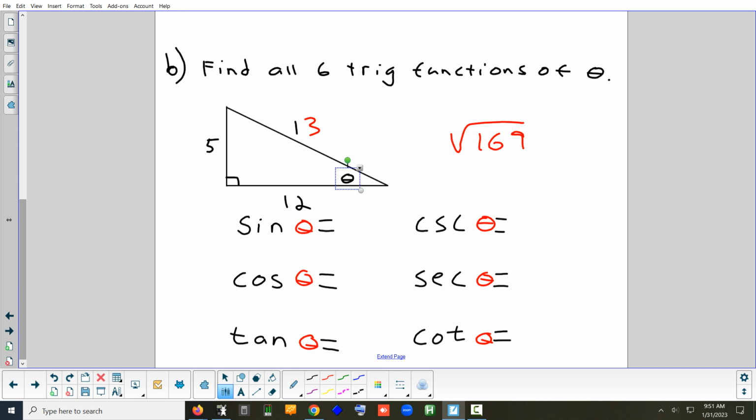Okay. So let's start with my sine. Alexis, what's going to be the sine of theta? Yep, opposite over hypotenuse. Quinn, what's going to be the cosine?